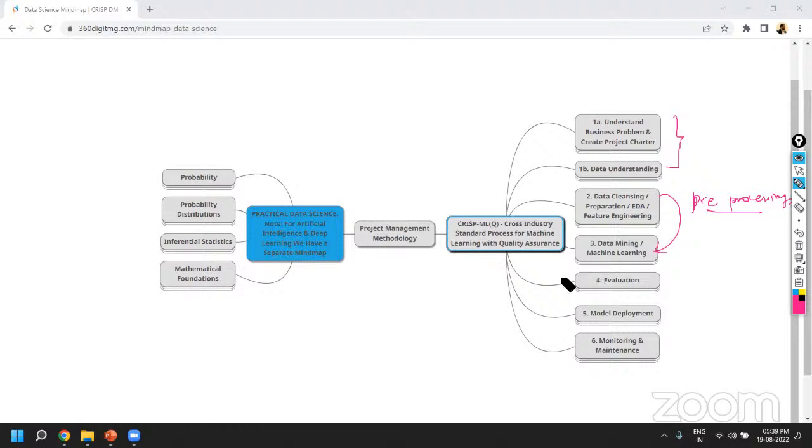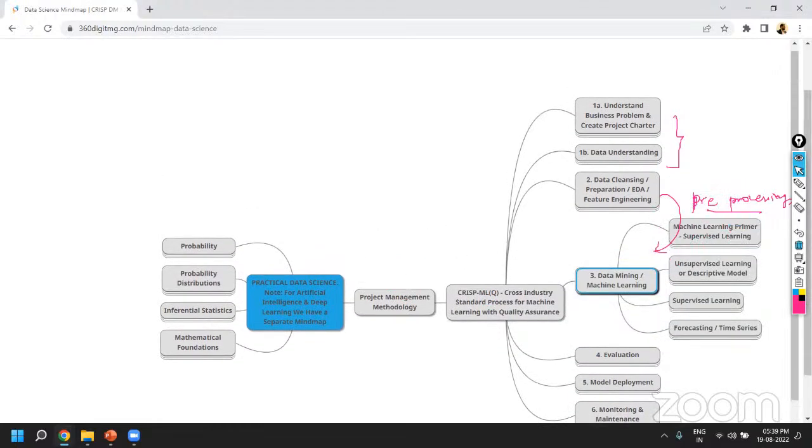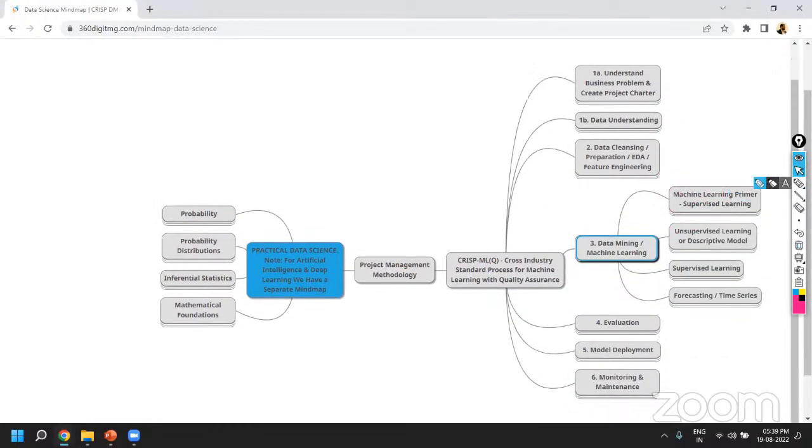But what you need to understand is your machine learning models that we talk about are broadly classified into two types: unsupervised learning and supervised learning. The unsupervised learning is also known as descriptive modeling. There may be a case where you might want to group the data, cluster them, right?